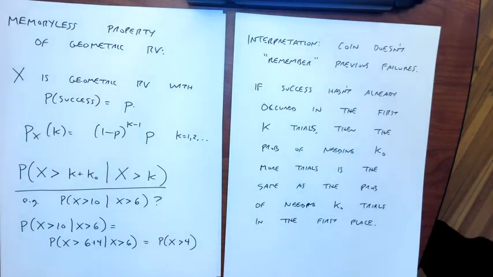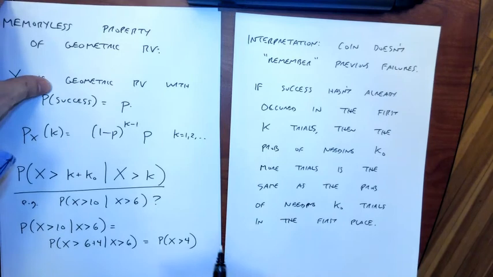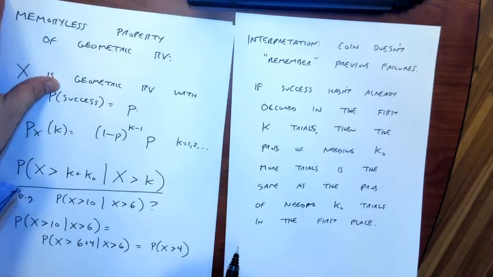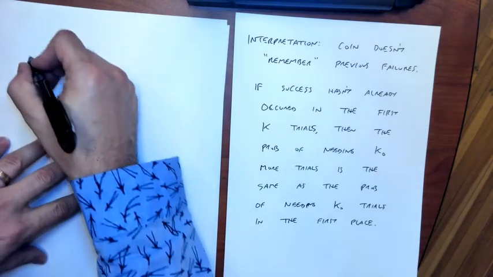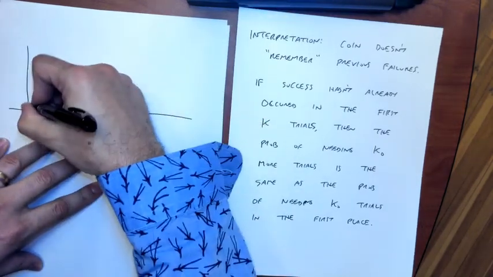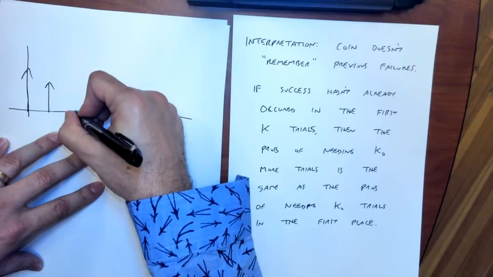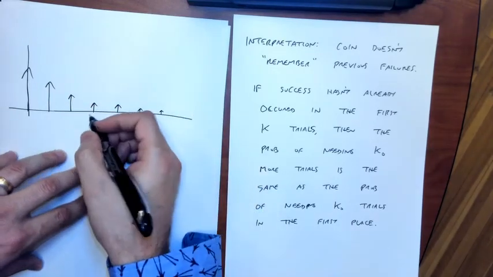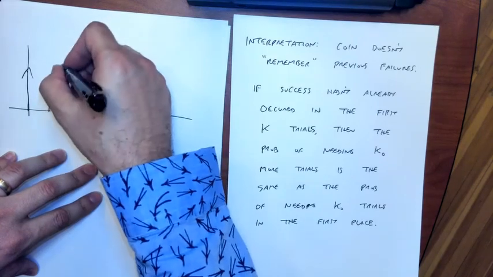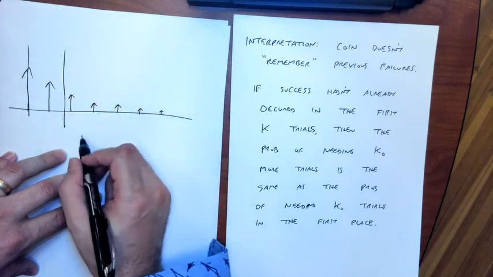Kind of a different way of looking at this geometrically, or in a sketch form, is saying that if I look at the geometric PMF, and these are my decaying values, and then I say, okay, I haven't succeeded so far, what's the probability here?